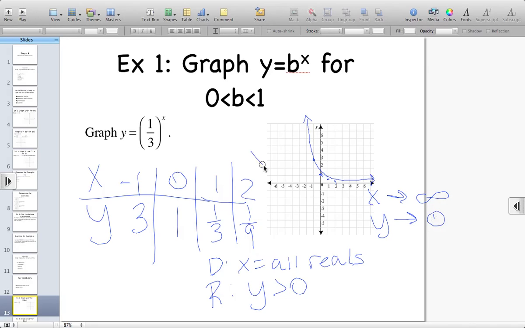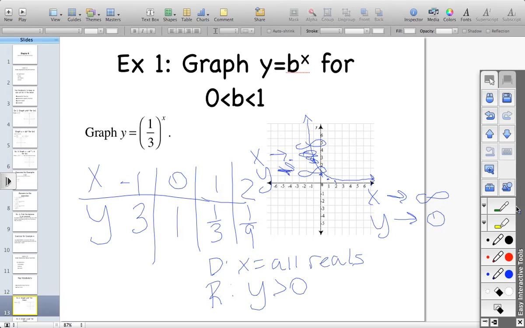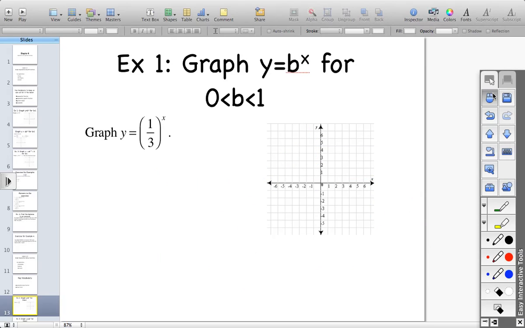And as x approaches negative infinity, y approaches positive infinity. So look at the direction when we're talking about our decay functions versus the growth functions. Okay, let's clear that off and take a look at our next example.